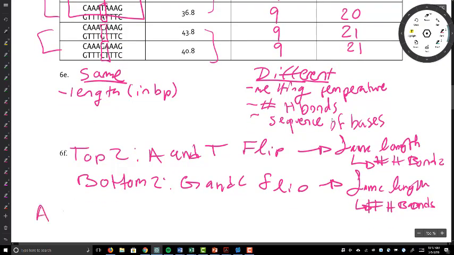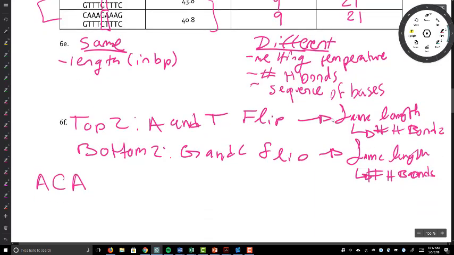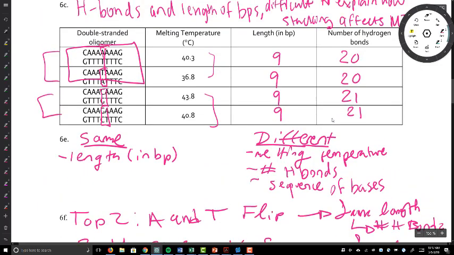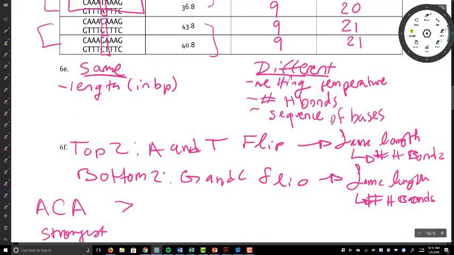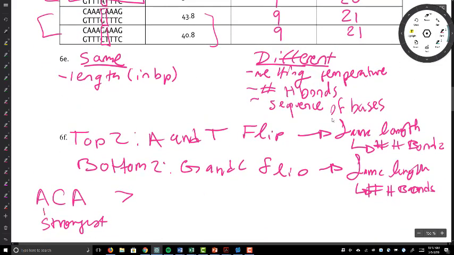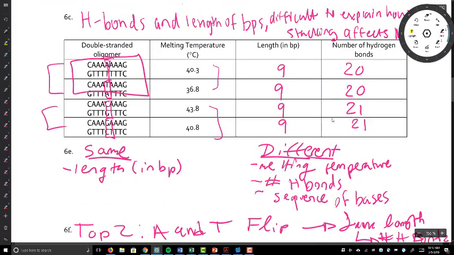Okay, what's the second best? A with C, and then T and G. What's the next one? Yeah, number 4. So next on the hierarchy is A with G and T with C.